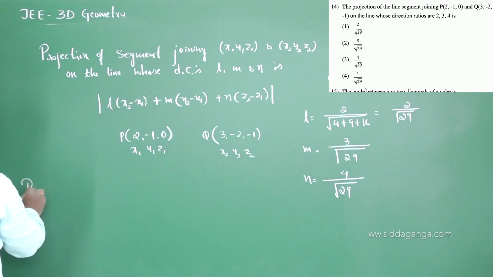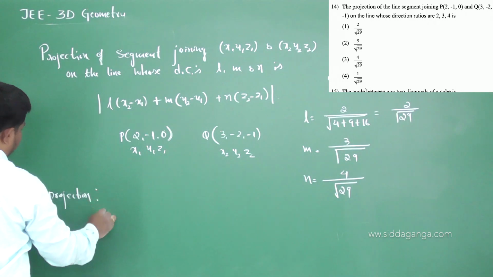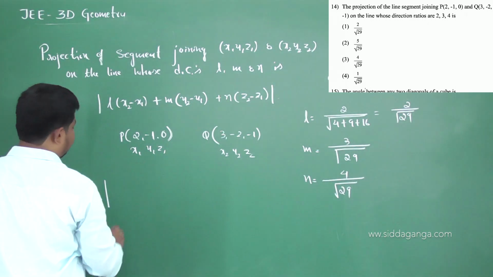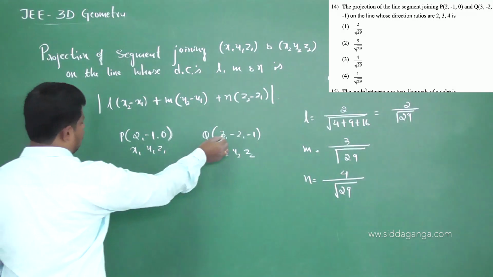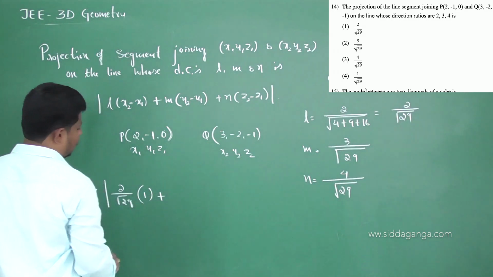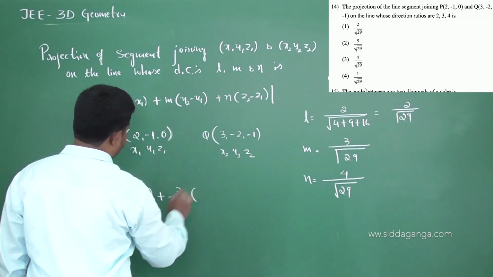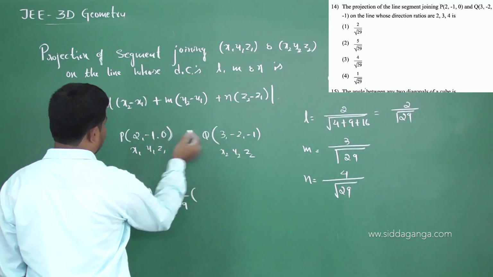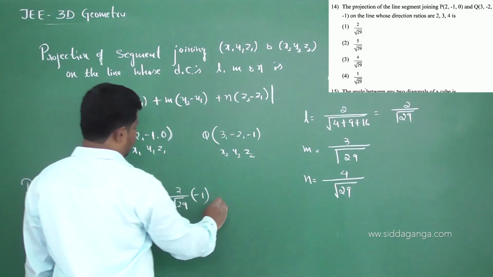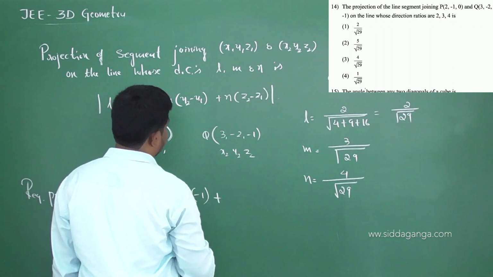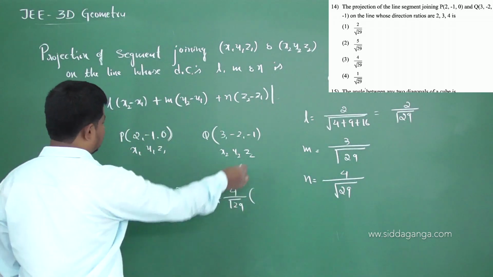So the required projection is given by L into, L is what? 2 by root 29 into x2 minus x1, 3 minus 2, that is 1, plus M into 3 by root 29, y2 minus y1, that is minus 2 minus of minus 1, that is minus 2 plus 1, minus 1, plus N into, N is what? 4 by root 29 into z2 minus z1, so minus 1 minus 0, that is minus 1.